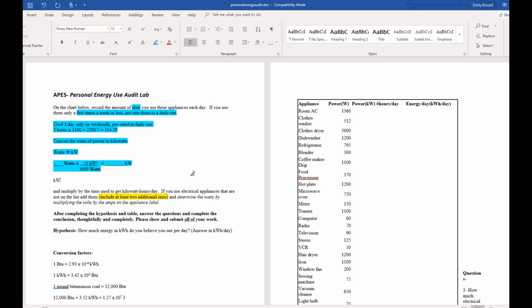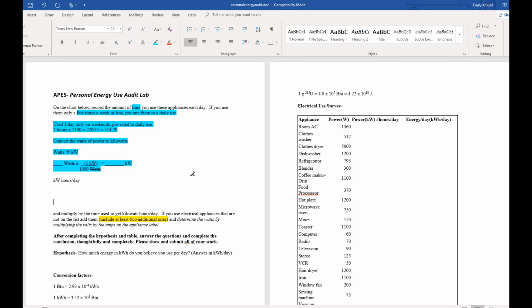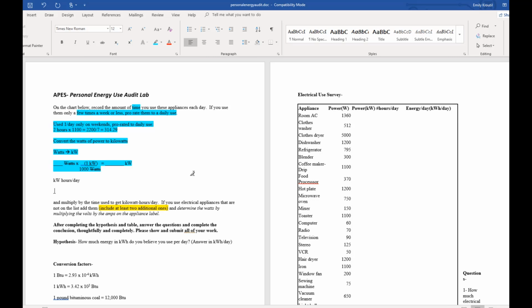So if you want kilowatt hours per day, you'll just take however many kilowatts you have and multiply by the amount of hours per day, and that'll give you kilowatt hours per day.